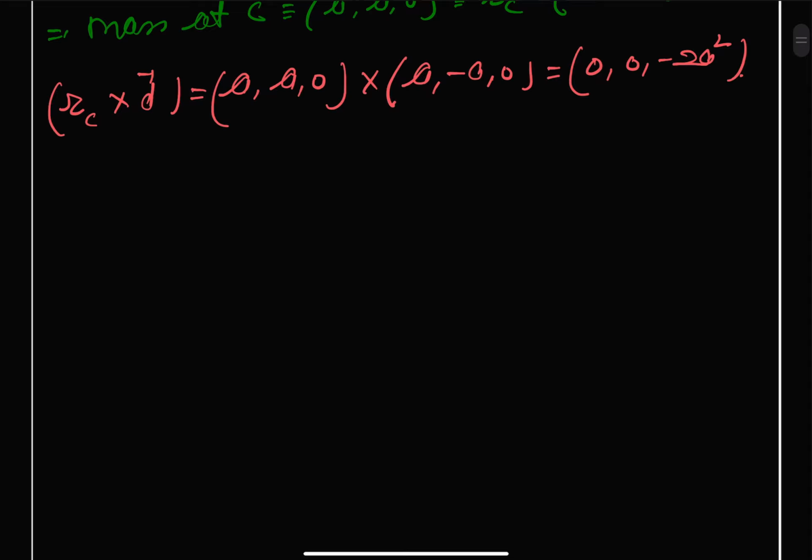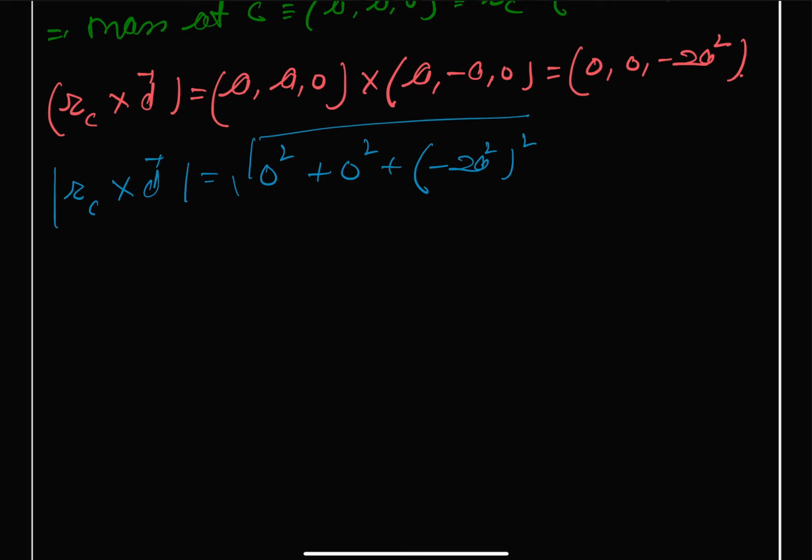Now we are interested in its magnitude, so r of C cross d, its magnitude will be the square root of 0 square plus 0 square plus minus 2A square whole square, which gives us 2A square.